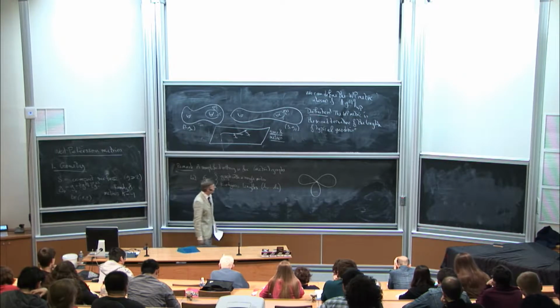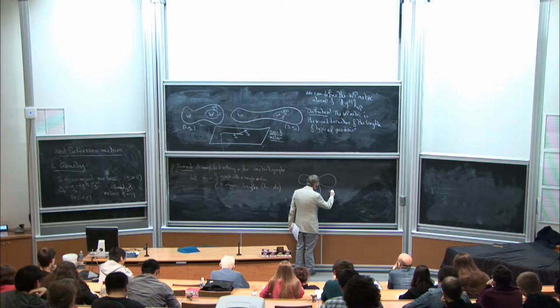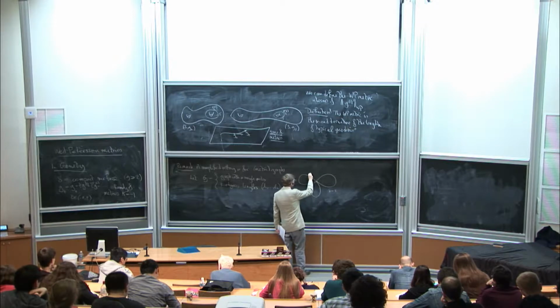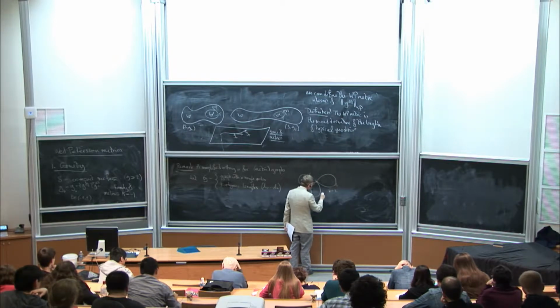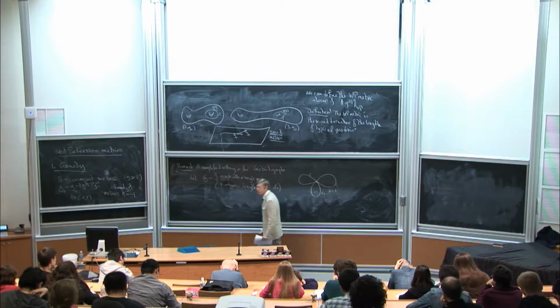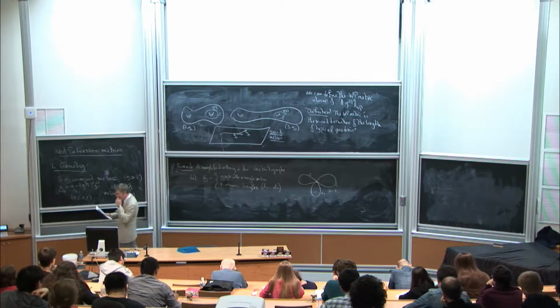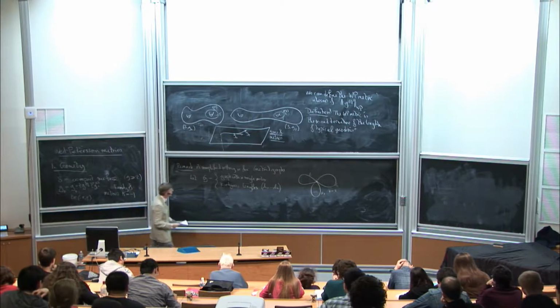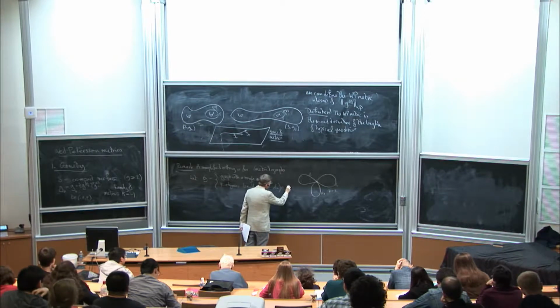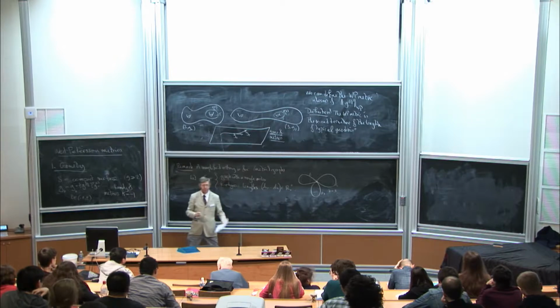In this picture, k is equal to 3, of course. So here is L1, here is L2, and here is L3. Okay, so it's a graph, and it's got some lengths. And this, of course, is just an element of R plus to the k.